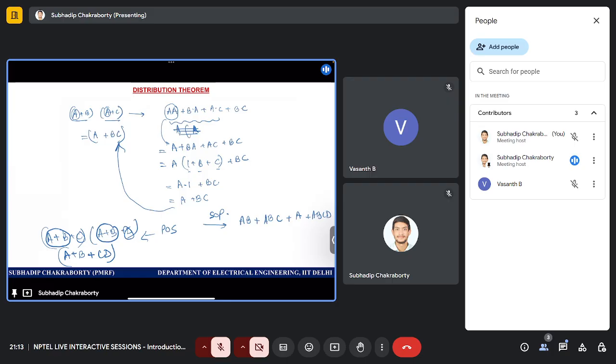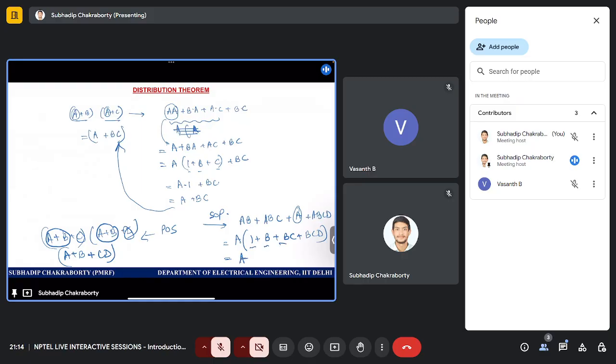Let us take an example like this, and you understand that I take the A part common. Then what will happen? 1 plus B plus BC plus BCD. Then you see I take the A part common, and you get A in the reduced form, right?